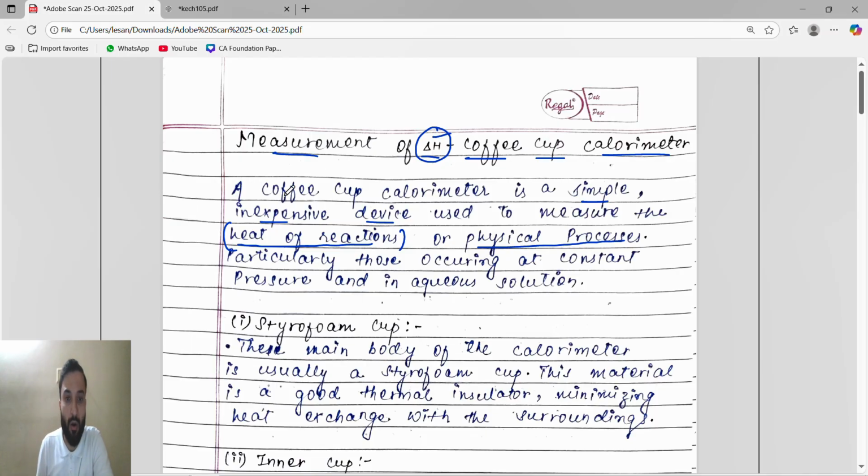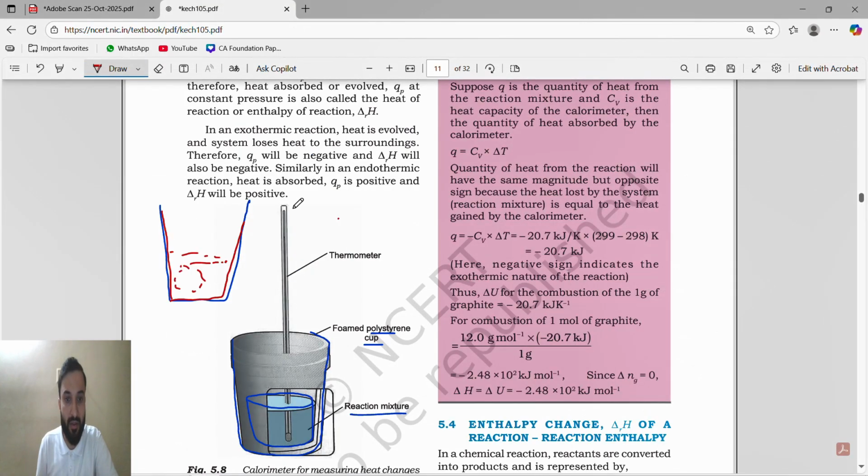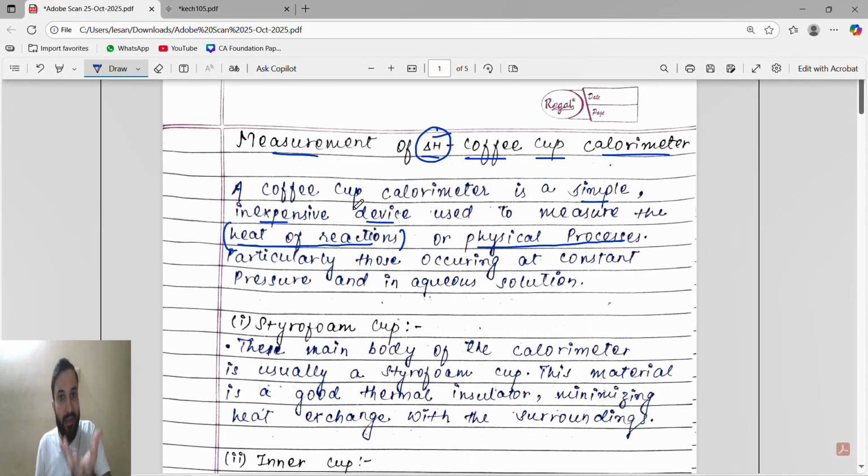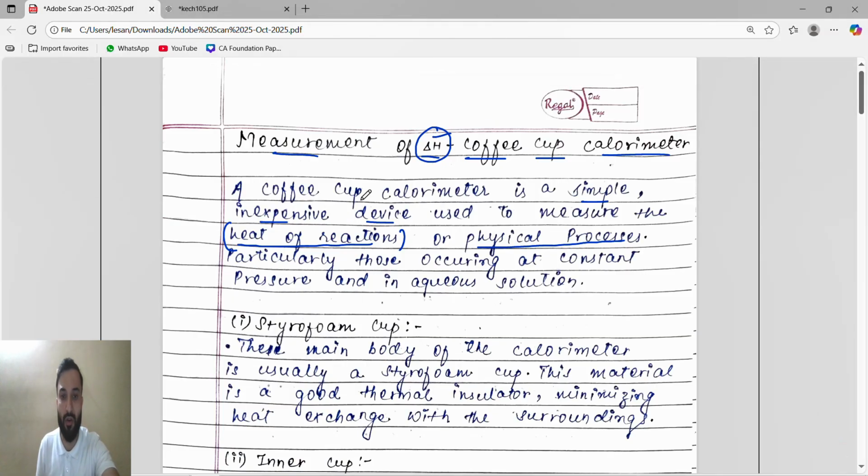So whatever reaction we are doing, it's the heat of reaction, and we will measure it with this thermometer. So that's why a coffee cup calorimeter is a simple, inexpensive device used to measure the heat of reaction.